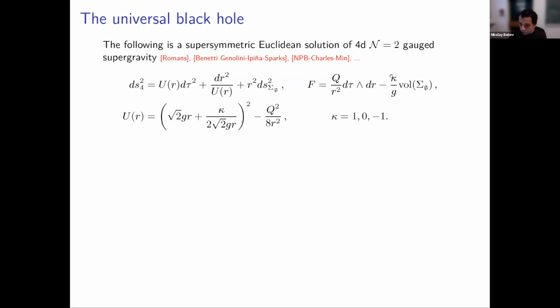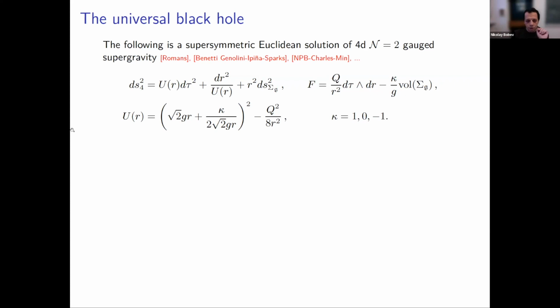The magnetic charge is fixed. It's not free for you to choose, and this is the manifestation of supersymmetry. Essentially, the magnetic charge is related to the mass in a very specific way. And I'm sorry, this g is 1 over L, where big L was the length scale of AdS.